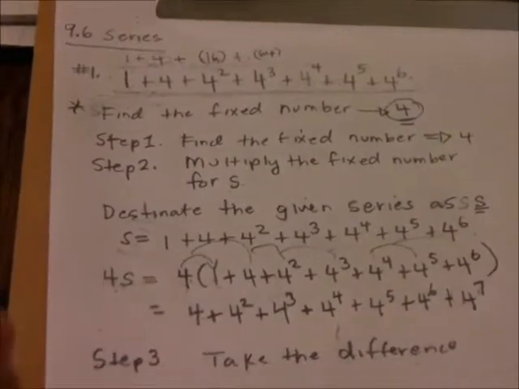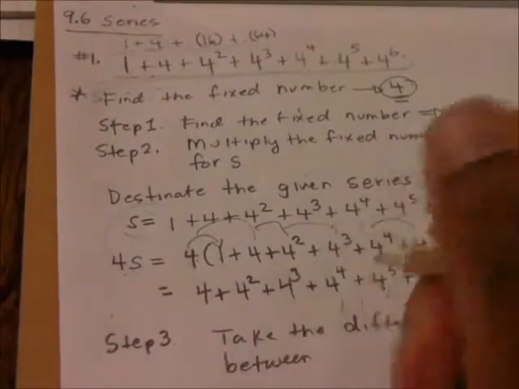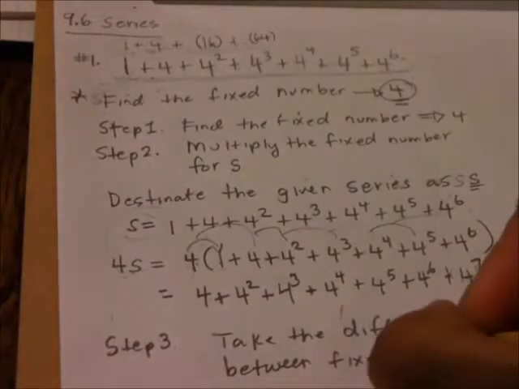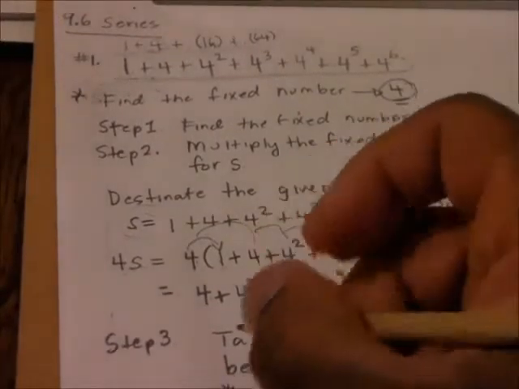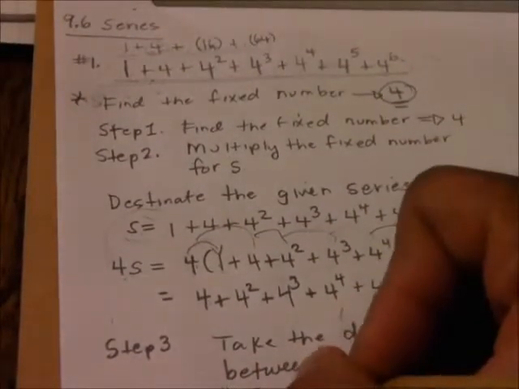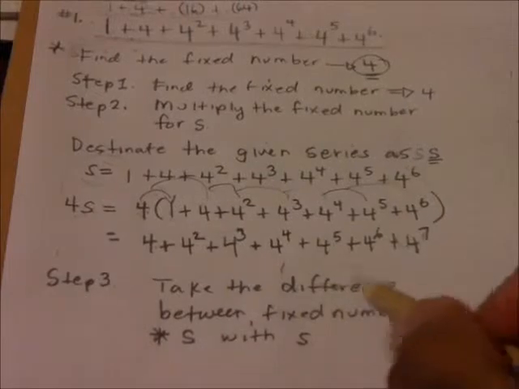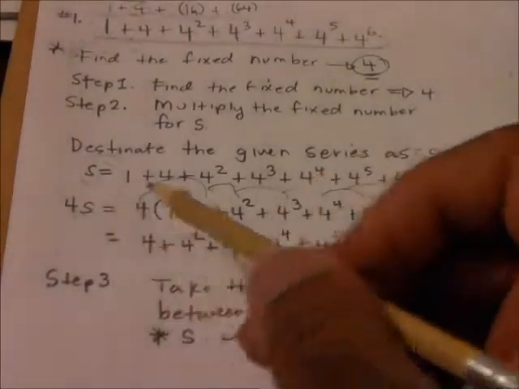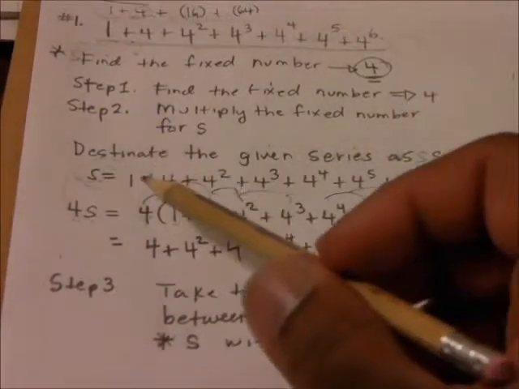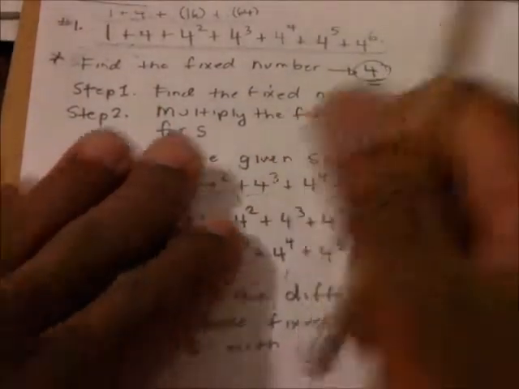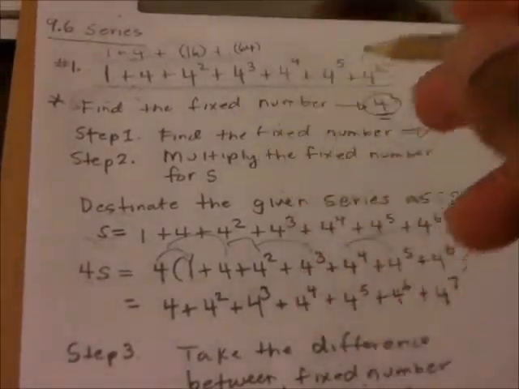Take the difference between the fixed number times S, in this case 4 times S, with the given S. I should say regular S, but let's say the given S, because the given is what started this out in the first place.